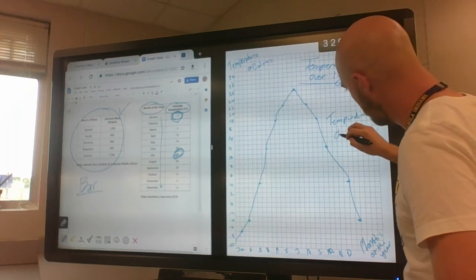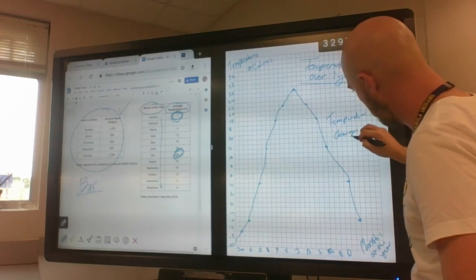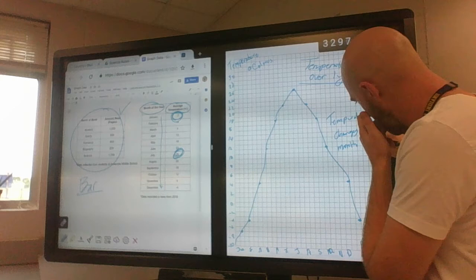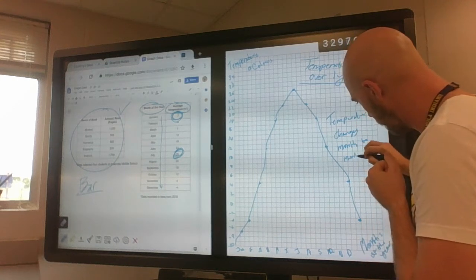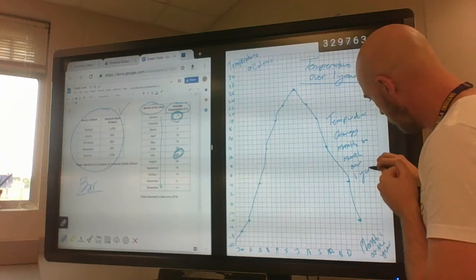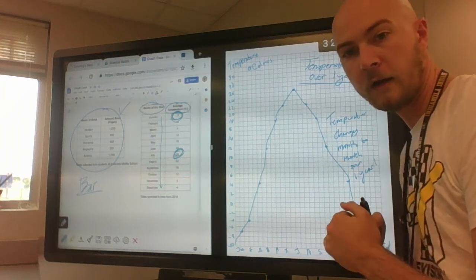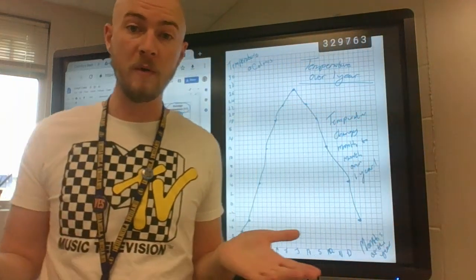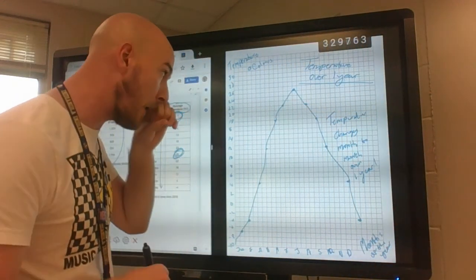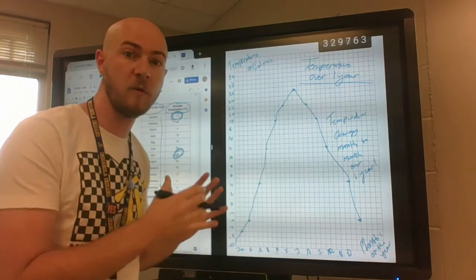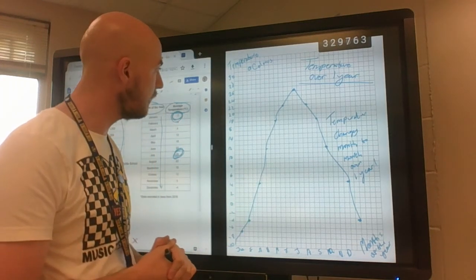Temperature changes month to month over 1 year. There's my conclusion. And normally that would go at the bottom of our graph. And that's it, right? We've completed our checklist. If I was gonna grade this, I would give us full credit because we made the right type of graph and we have all those different parts of it, and that's our line graph.